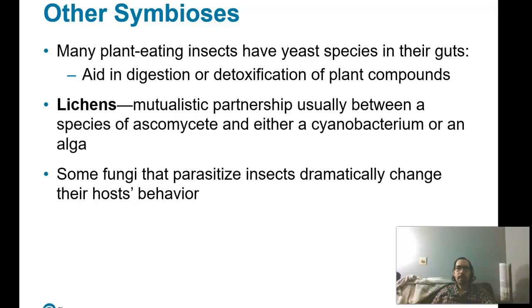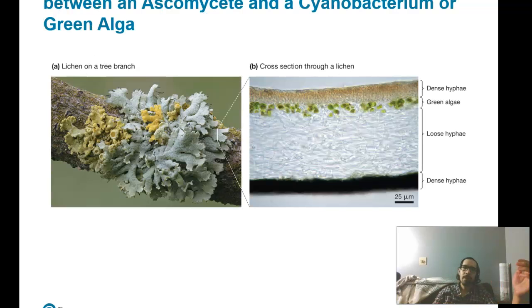And then you have the lichens, which is an association between fungi, usually the Ascomycota or Ascomycete fungi, with an algae species, or it can also be a cyanobacterium. Then we have some fungi that parasitize insects and dramatically change the insect's behavior. So here we're talking about things like ants.